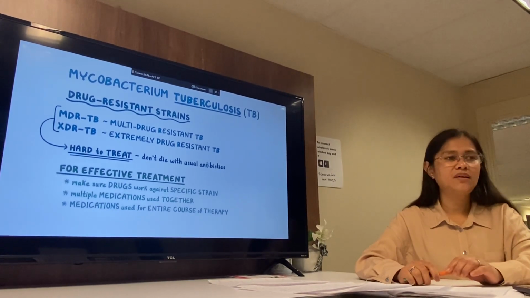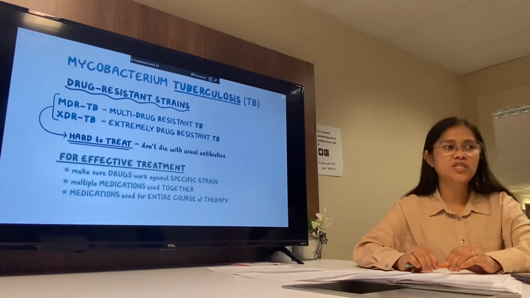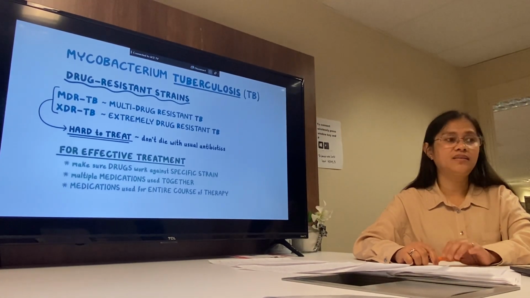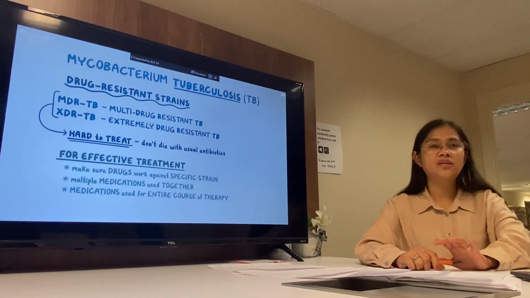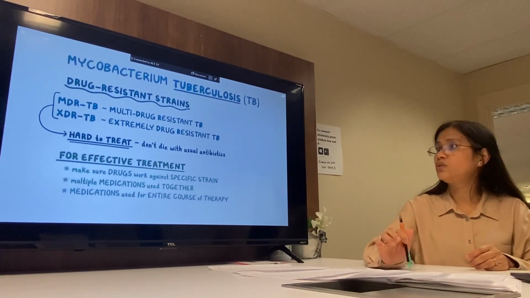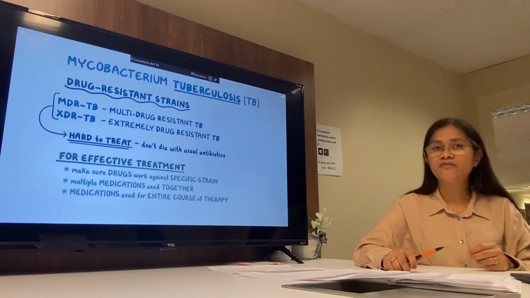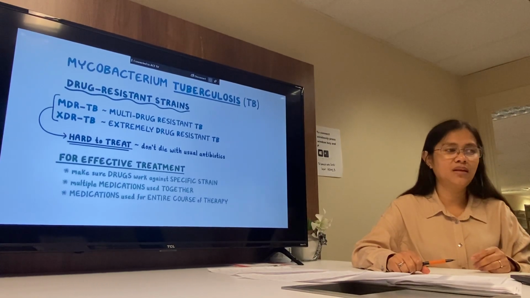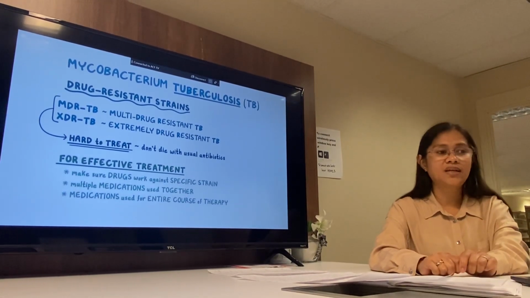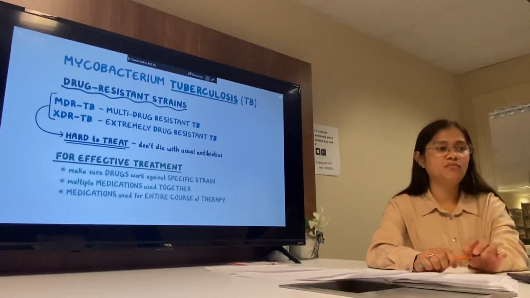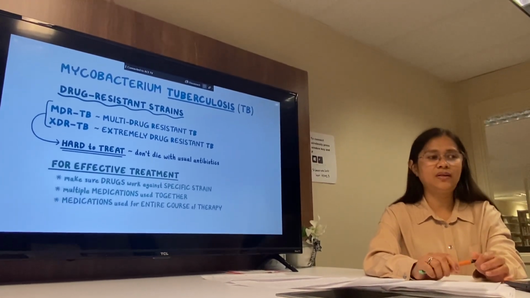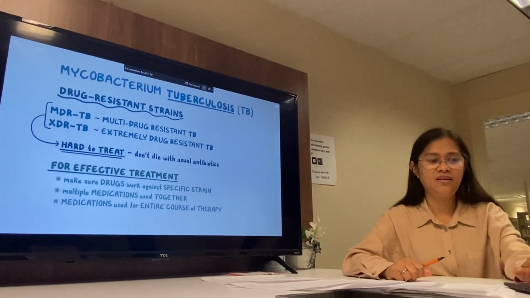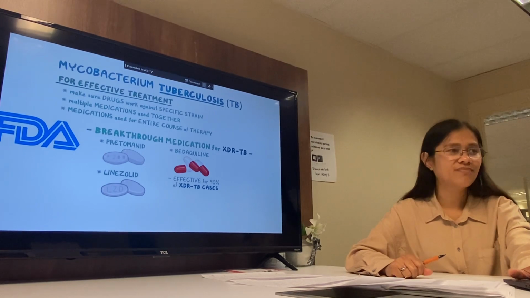One concern about this infection is the drug-resistant strains, which are MDR and XDR, which are hard to treat using the usual antibiotics. For effective treatment, the persons involved should make sure that the drugs work against the specific strain, that multiple medications are used together, and that the medications are used for the entire course of therapy.